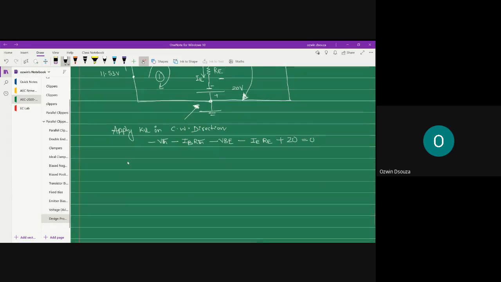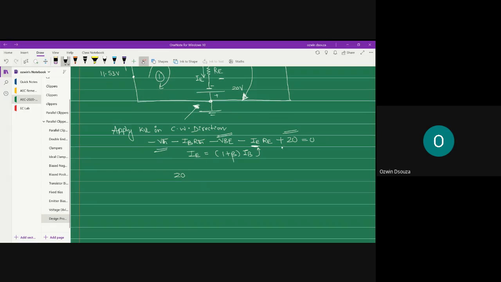If you look at the emitter current in the input loop, I do not want two currents, that is, I don't want IB as well as IE. So what I will do is replace IE with 1 plus beta times IB. Let us do this substitution. And we will keep voltages on one side and resistive drops on the other. We have VTH as the first voltage, VBE as the second voltage, and 20 volts as the third voltage.